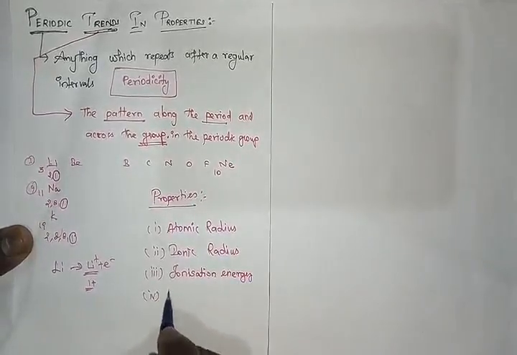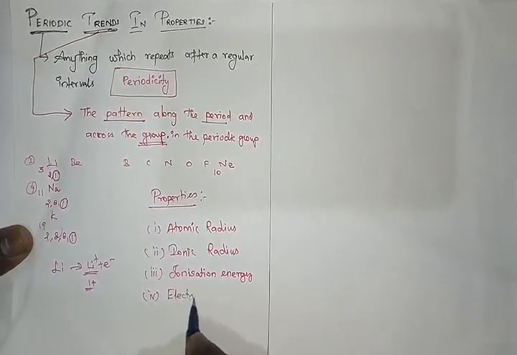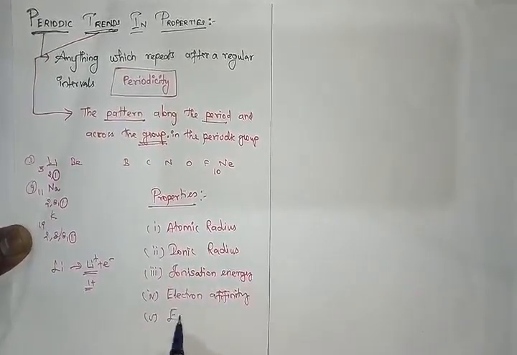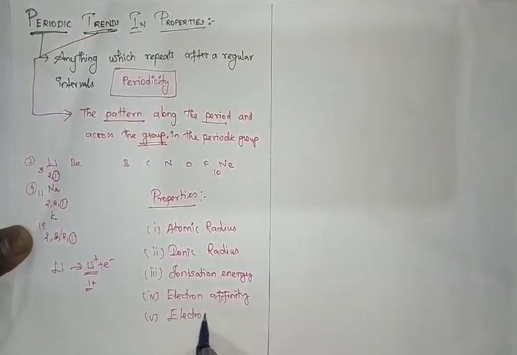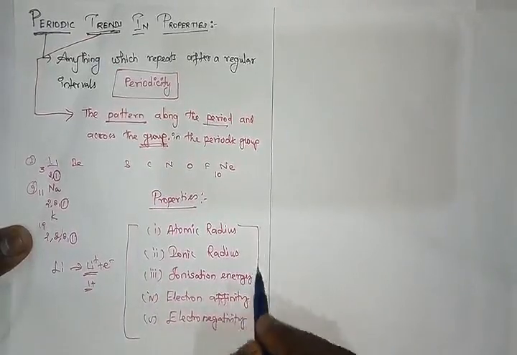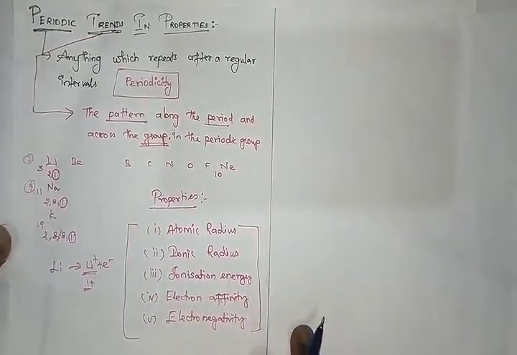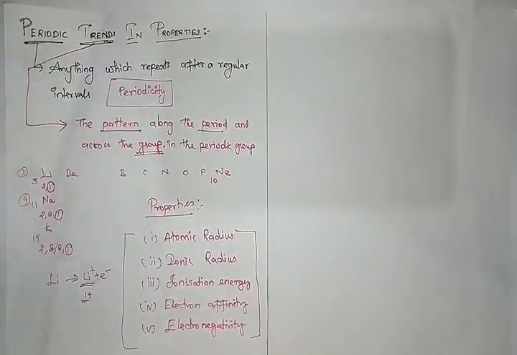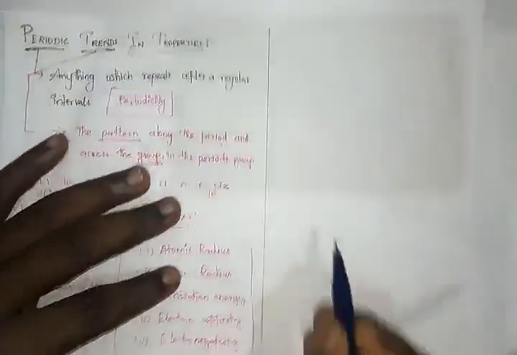The next one, electron affinity. The next one, electronegativity. So these are the properties we are going to discuss in this periodic trends in the properties. So let us discuss one by one. Let us go to the first topic, that is atomic radius.